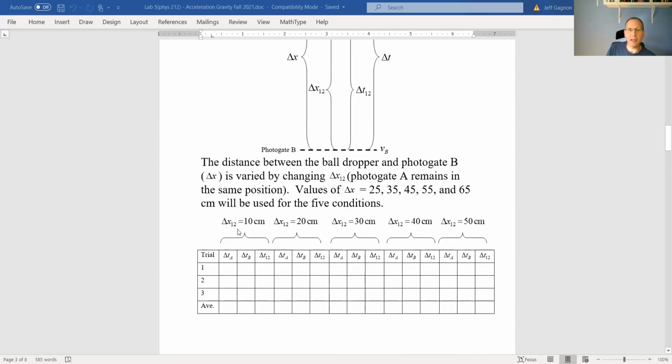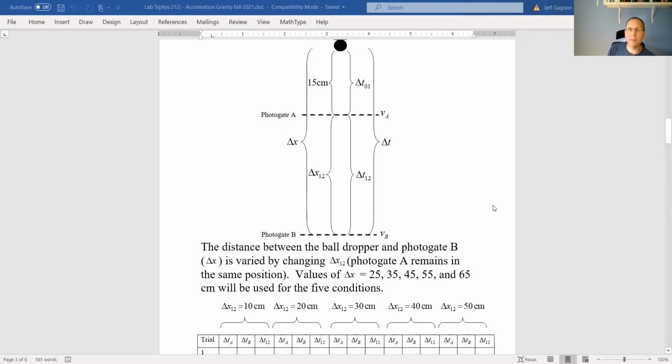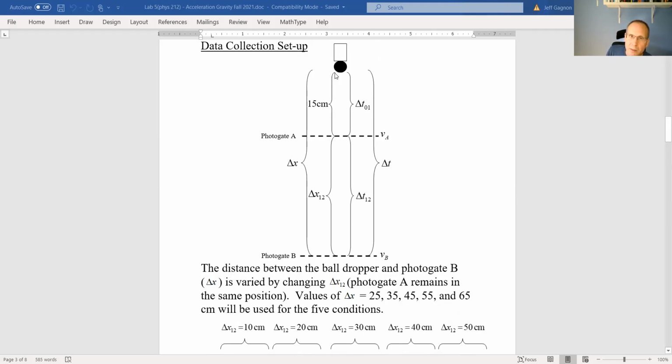The first condition, it'll be 10 centimeters below photogate A. The second condition, photogate B will be 20 centimeters below photogate A, then 30, 40, 50. If I want to know the total distance from the ball dropper to the second photogate, which I'll need later, I simply add 15 to each of these, right? 15 plus 10, 15 plus 20, and so on. So it'd be 25, 35, 45, 55, 65.